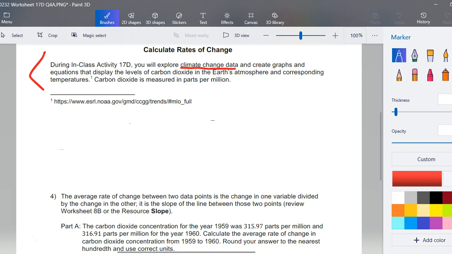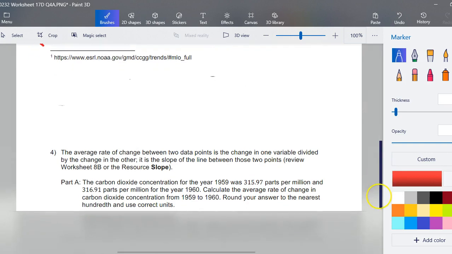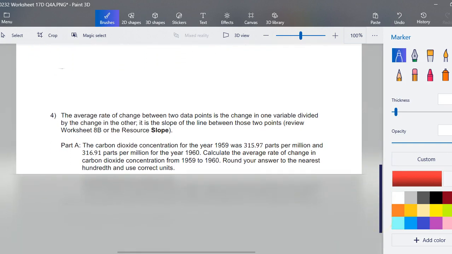Carbon dioxide is measured in parts per million. On question 4, if you haven't already, pause, go work on question 4, and then we'll come back together. And it has 4 parts. So you can do all 4 parts or do part A and then come back and watch. But anyway, take a moment to go do at least 4A.